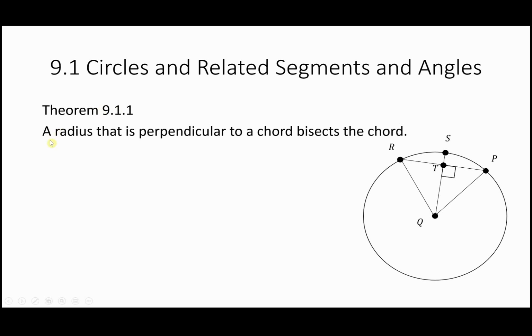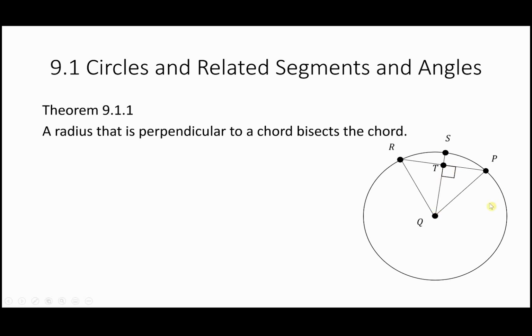It states that a radius that is perpendicular to a chord bisects the chord. Okay, so the radius in question is radius QS, and notice how it is indeed perpendicular to chord RP. Okay, and the reason I know that is because a right angle has been formed at the intersection.